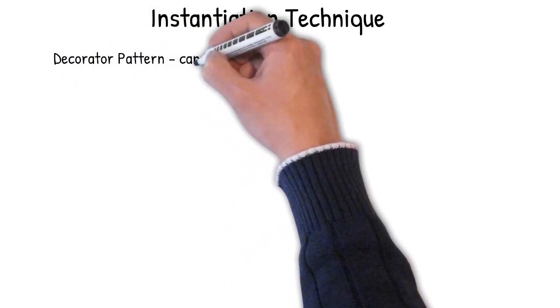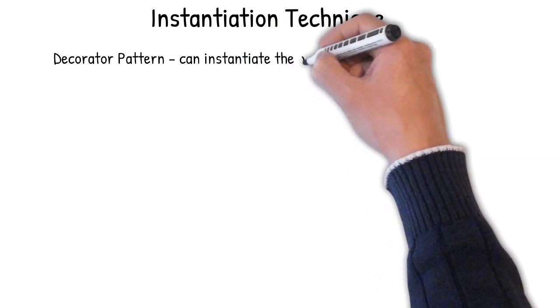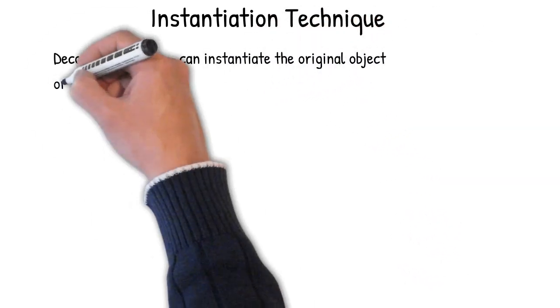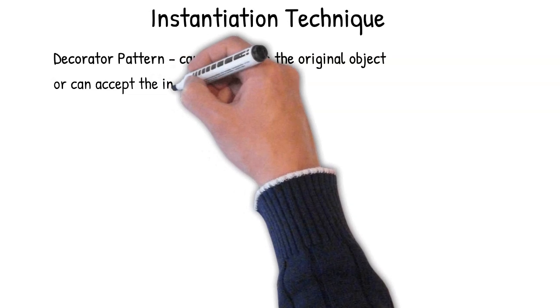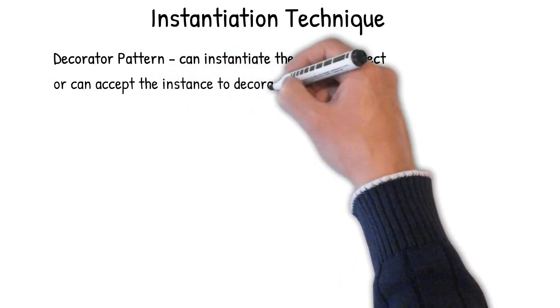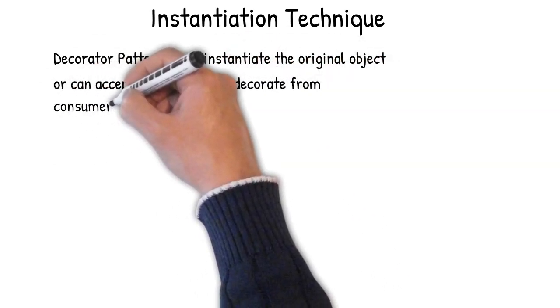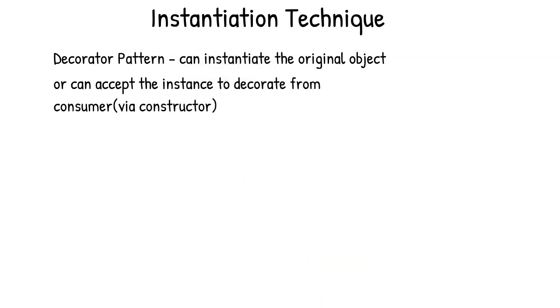And the third difference is about the instantiation technique of these patterns. A decorator pattern can itself instantiate the original object, or it can let consumer instantiate the object and then decorate it. So for example, we can hardcode FoodMaker inside VoiceFoodMaker so that whenever a VoiceFoodMaker is sold, it will always go with the FoodMaker.